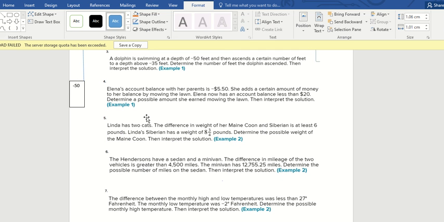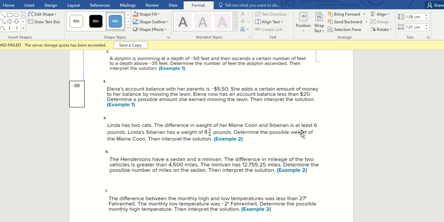Okay, next is Linda. She has two cats. The difference in weight of her Maine Coon and Siberian is at least 6 pounds. We know difference means minus. For example, if we say one cat is X and the other cat is Y, with the Maine Coon as X and the Siberian as Y, we do X minus Y. So the difference is at least 6.